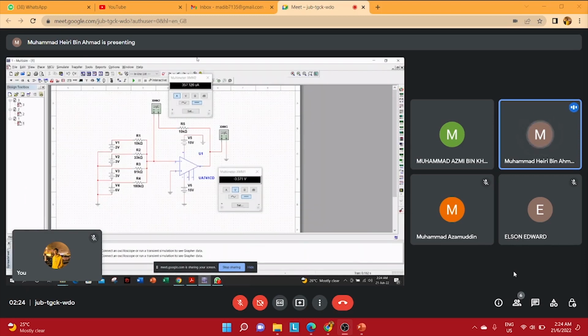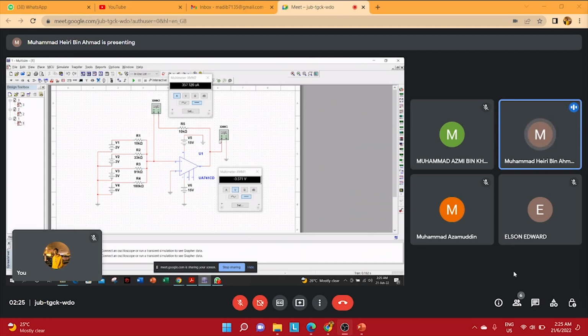This is the circuit in Multisim for the summing circuit, like I showed you before.